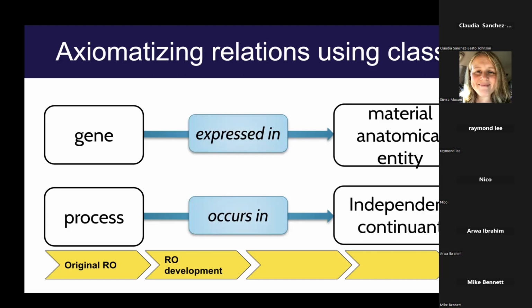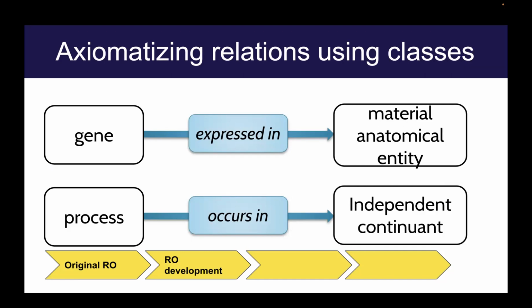Of course, for some of the domain-specific relationships, the domain and range constraints are naturally domain-specific classes from ontologies. But for the more general relationships, the domains and ranges are from more abstract or less domain-specific ontologies. So, a process can occur in an independent continuant, but an independent continuant cannot occur in a process.